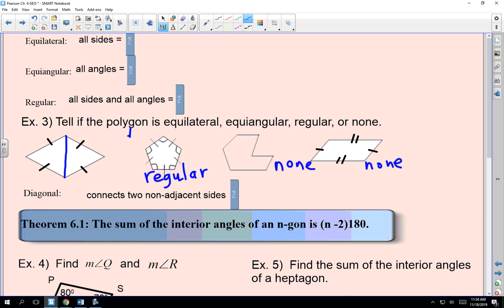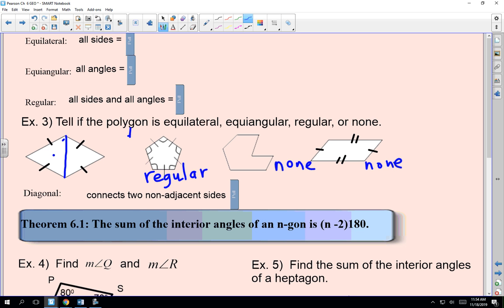Two. I'm connecting non-adjacent vertices, right? It doesn't make sense to connect adjacent ones. The adjacent vertices are connected by the sides of the quadrilateral. That's not a diagonal. The diagonal has to skip a vertex. So diagonals will split quadrilaterals into two triangles. Now, what is the sum of the interior angles of one of these triangles here in the last chapter?